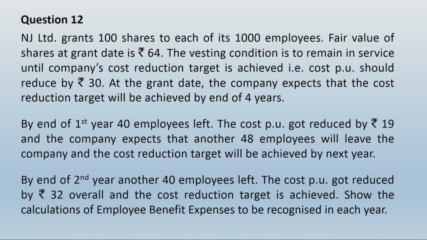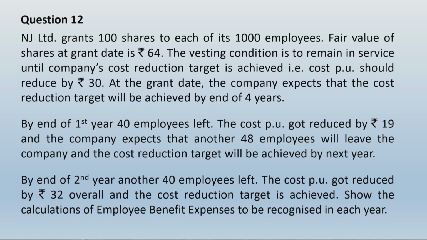By end of second year, another 40 employees left. The cost per unit got reduced by rupees 32 overall, and the cost reduction target is achieved. Show the calculations of employee benefit expenses to be recognized in each year.